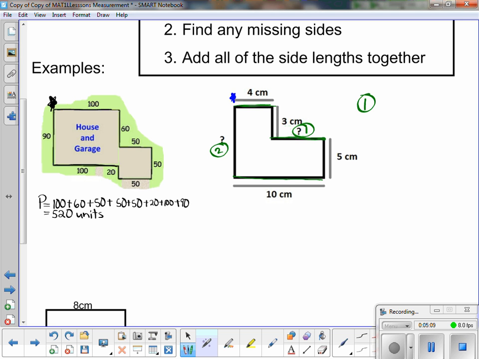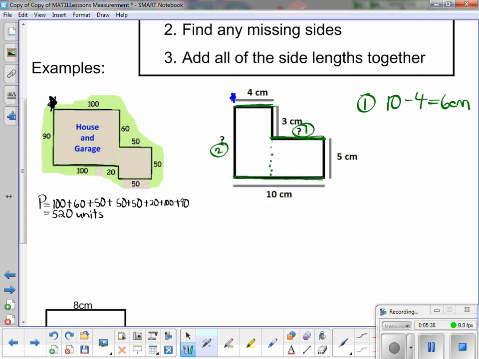By looking at that, I can see that the longest one, the 10, includes the one I want to find. The part it doesn't include is the 4 that they gave me up here. So to find the length for number 1, I can go 10 minus 4, and that's going to equal 6 centimeters.